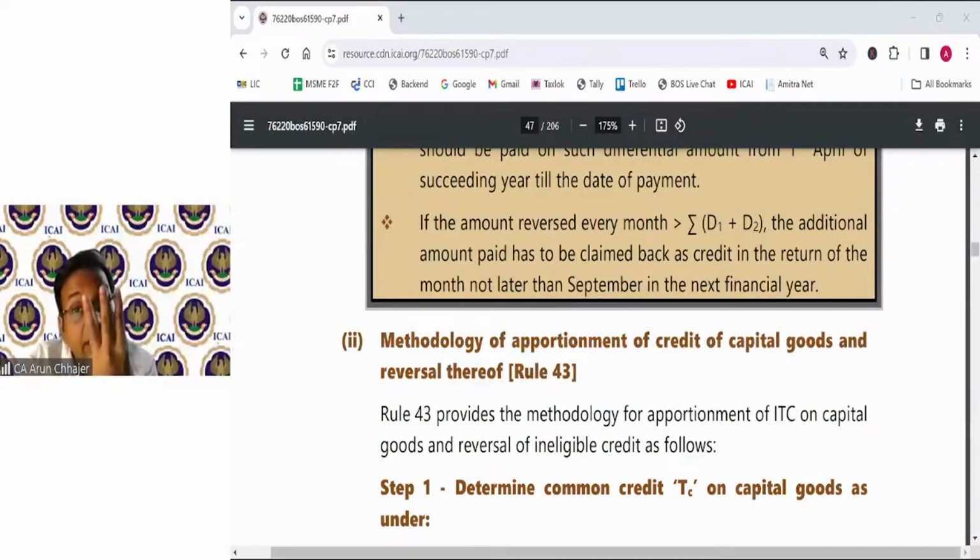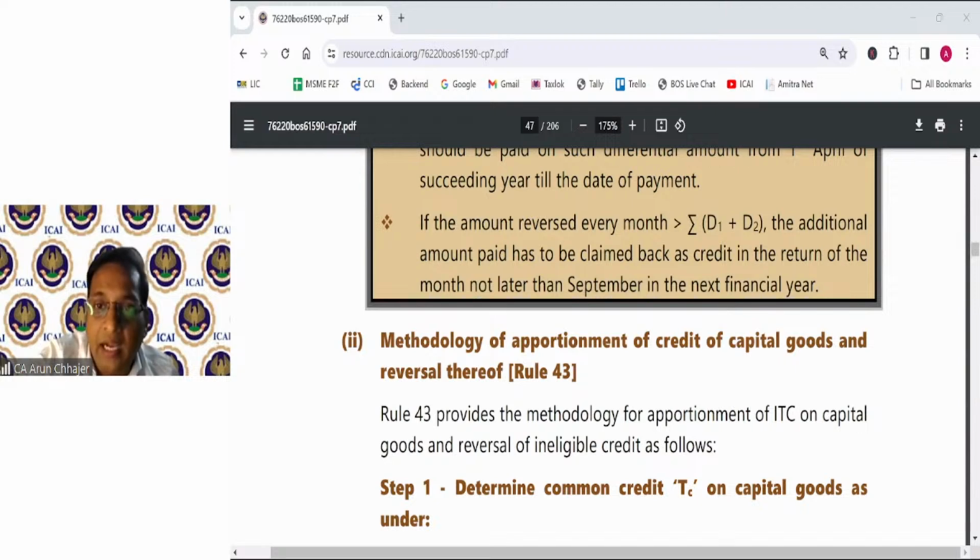Why? Because these three terms are being defined in the GST. ITC can be on input, can be on input service, and can be on capital goods. So you have to use these three terms only whenever I'm saying that what is the difference between 40 to 43. Because I am making some taxable supply and some exempt supply, and there is common ITC.